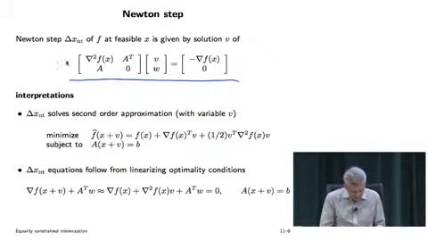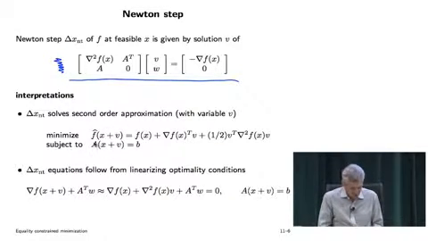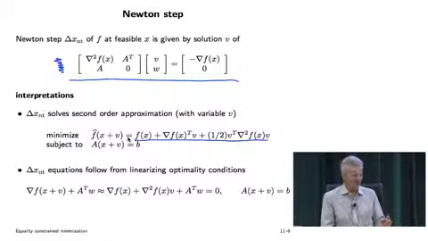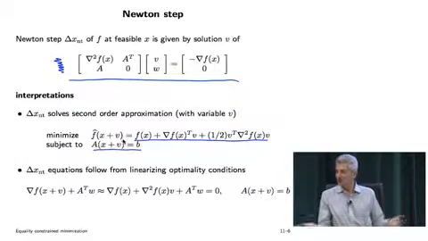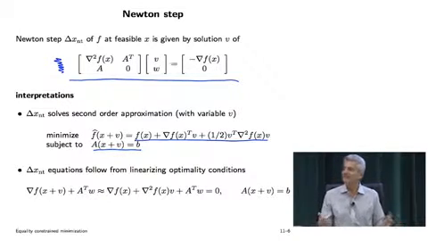So where does this come from? There are lots of interpretations. Here's one. Form the quadratic approximation of f at x. That's this thing here, and notice v is like a step or a perturbation. Then the equality constraints are their equality constraints. You don't need to approximate anything, you don't need to linearize.